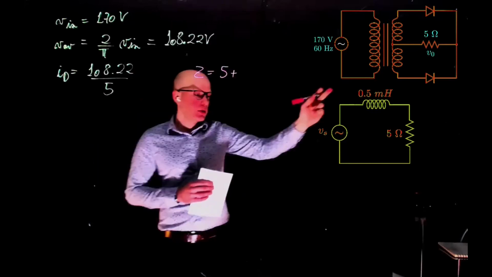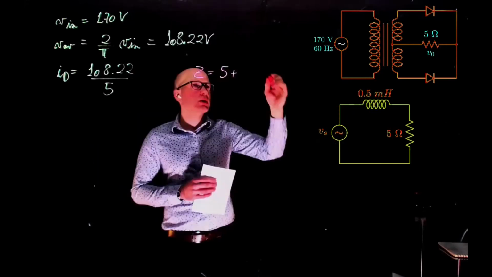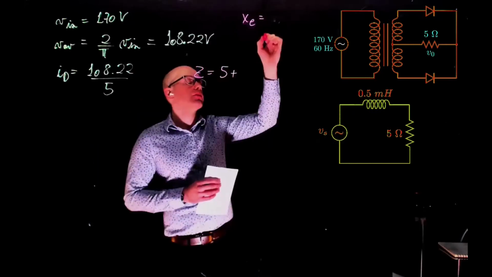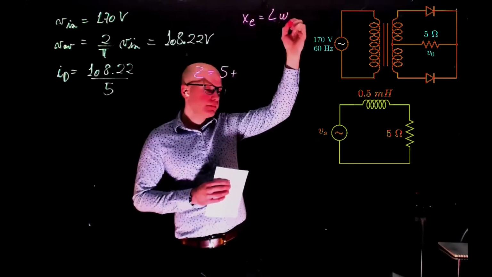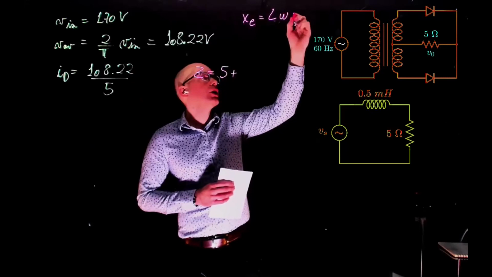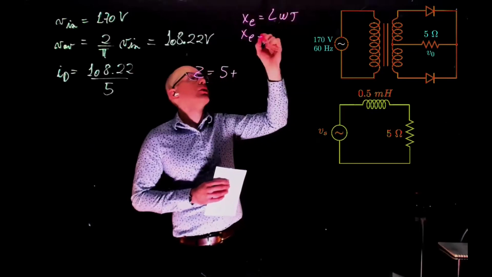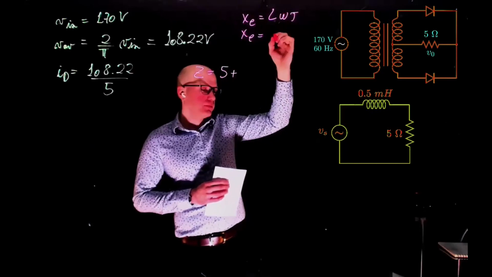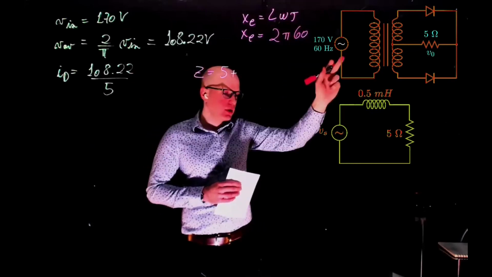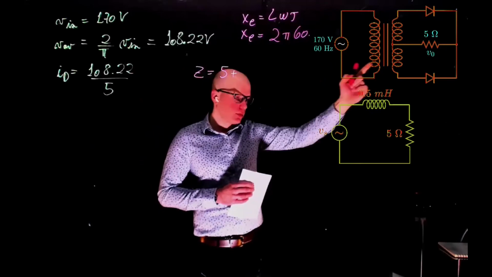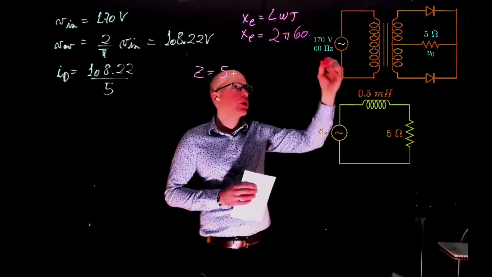The impedance of an inductor is L times omega J, or 2 pi times 60, the frequency of the input, times 0.5 times 10 to the power of -3.